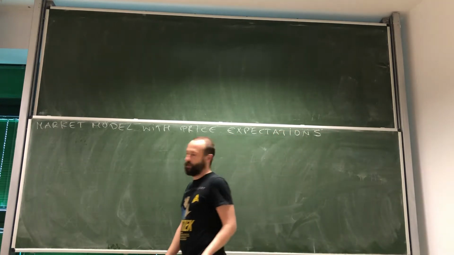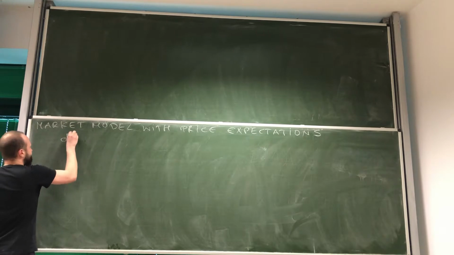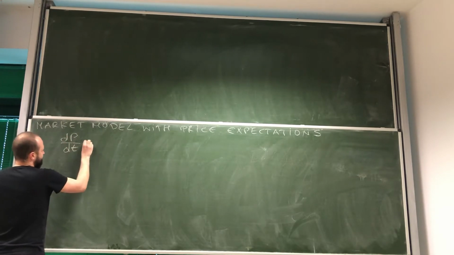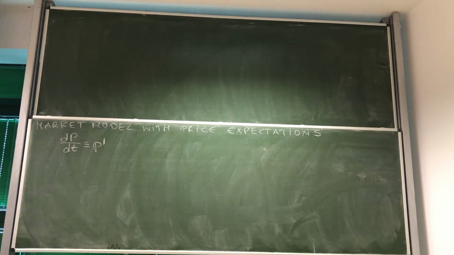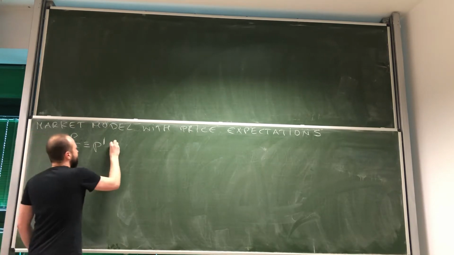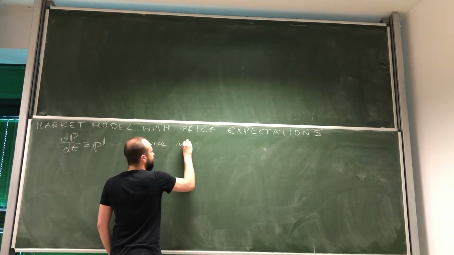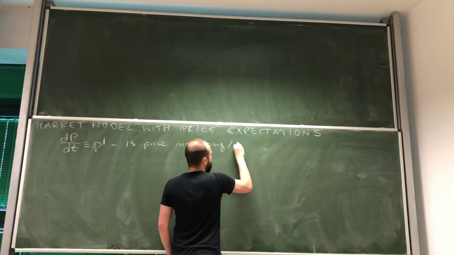What gives us information about it? Of course, the first derivative, dp/dt, or p prime. So from this derivative, we get the information: is price increasing or decreasing?